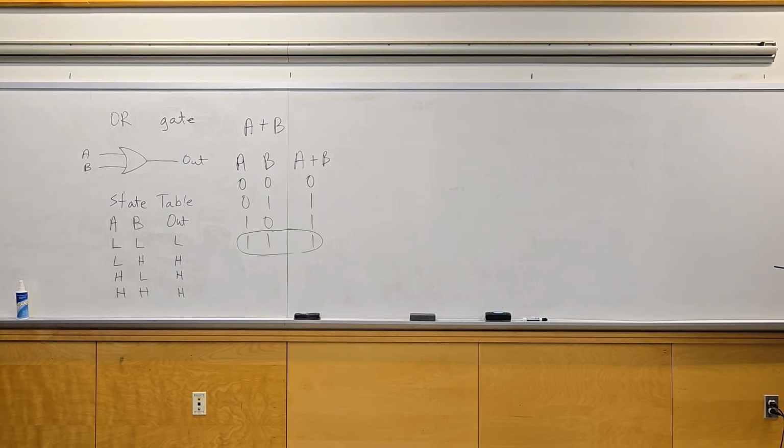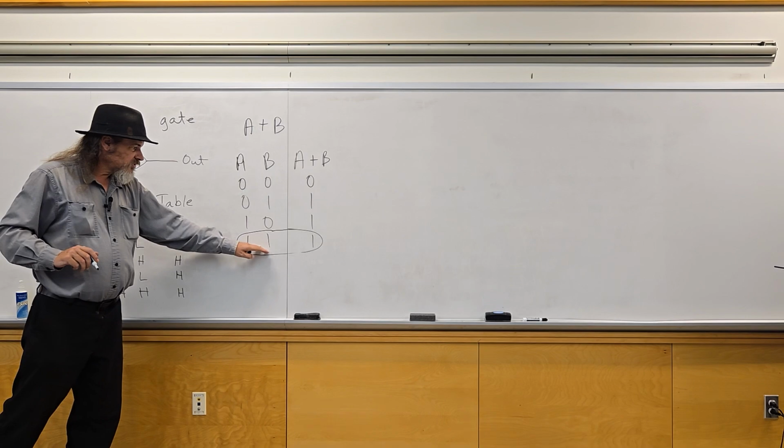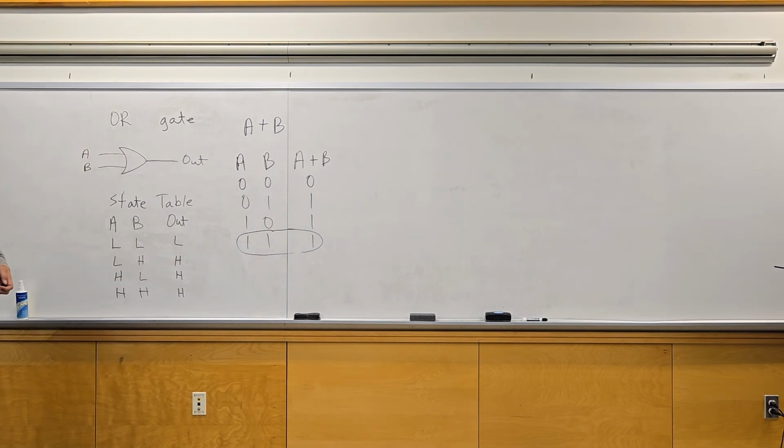Zero plus zero is 0. 0 plus 1 is 1. 1 plus 0 is 1. But 1 plus 1 is actually 2, but for the OR gate, it is a 1.